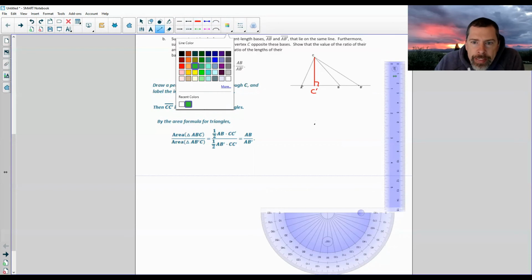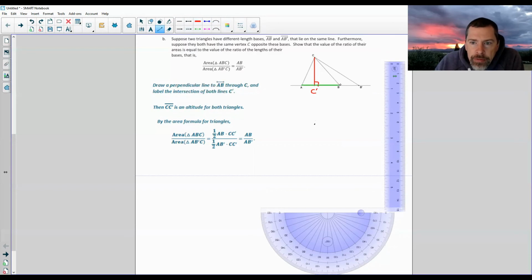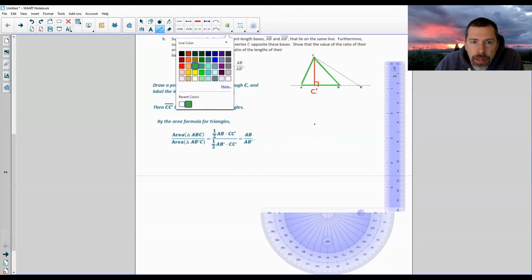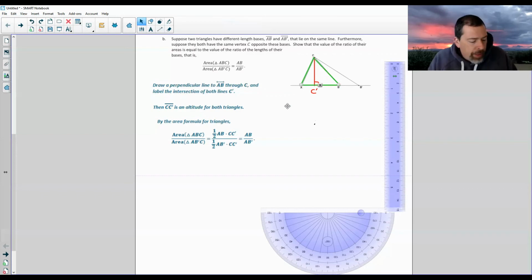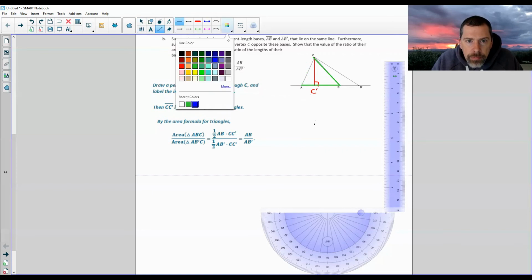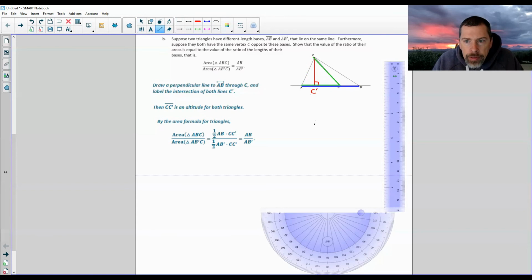Area of triangle ABC is right here. That's triangle ABC right there. And triangle AB prime C, I'm going to go outside here, by the way, is right here.